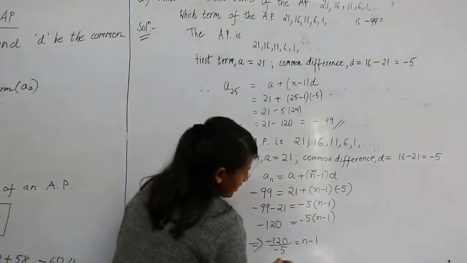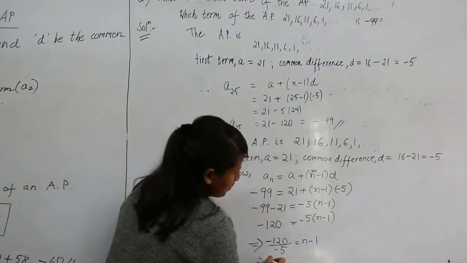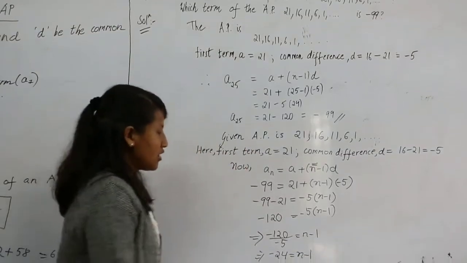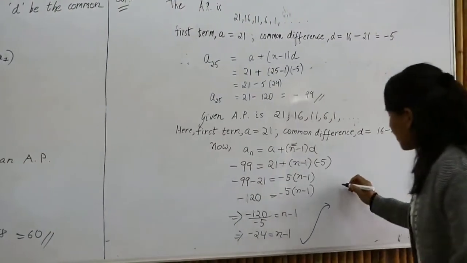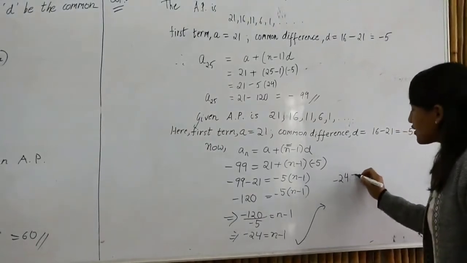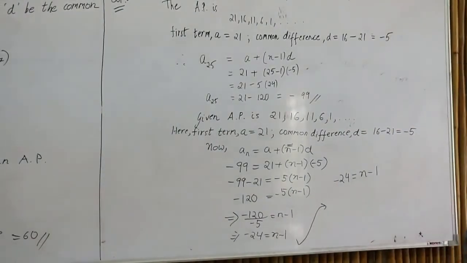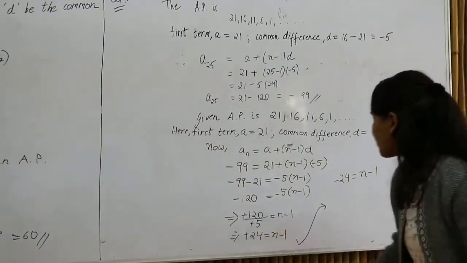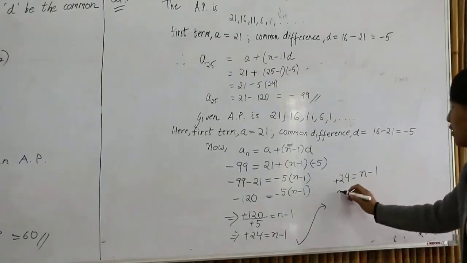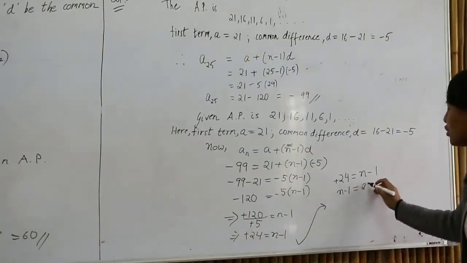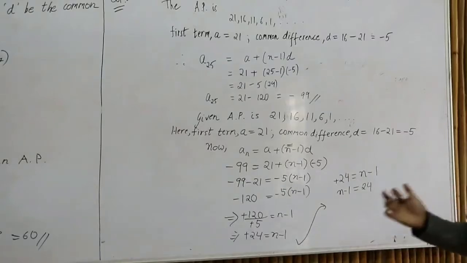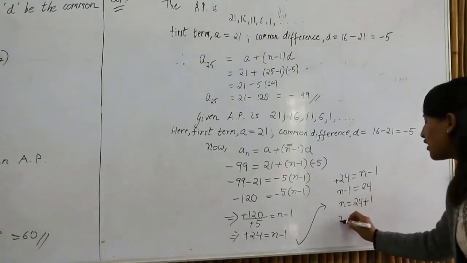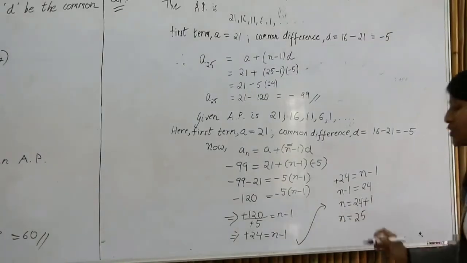So you will get minus 24 is equal to n minus 1. I'm sorry, minus and minus cancel, so it is plus. So n minus 1 equals 24. Equality, you can flip sides. And then n is equal to 24 plus 1, equal to 25.